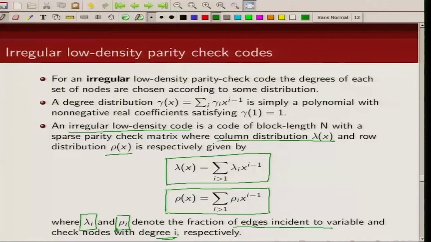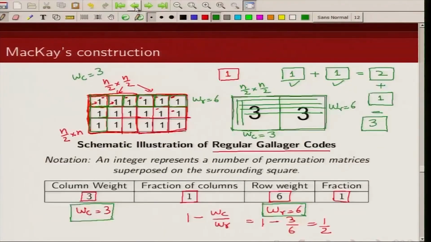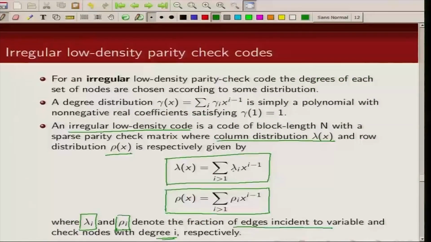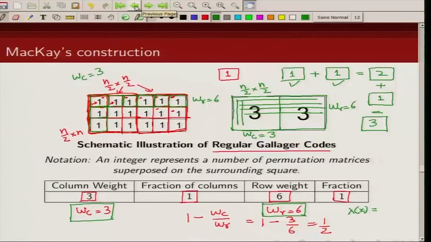So, let us take an example to illustrate this. Let us see if we use the same degree notation to represent this. The column degree distribution is defined by lambda(x). Here, all the columns of the regular LDPC code have weight 3. So, lambda 3 here is 1 and we will define x raised to i minus 1, and i here is 3.